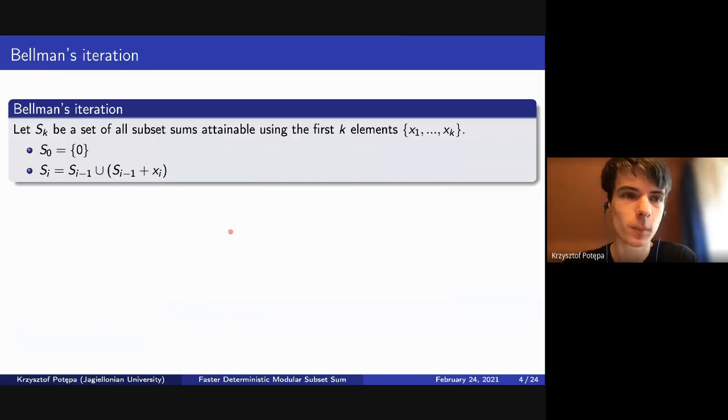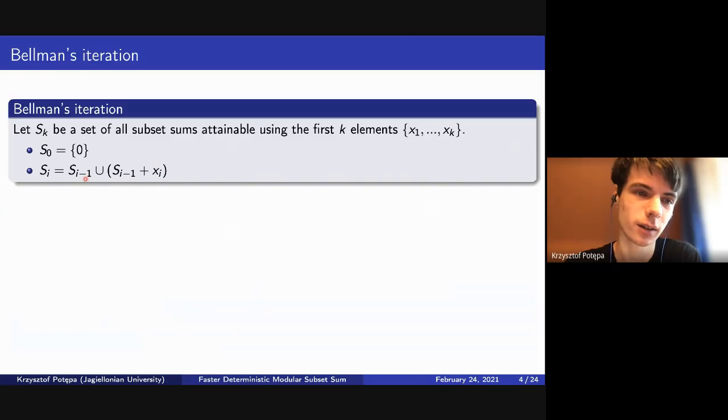Okay. So first, let's recap the classic algorithm that works in NM time. We define S_k to be the set of all subset sums attainable if we only consider the first k elements, and we can provide a recursive formula for the dynamic programming. S_0 just contains 0 and nothing more, and if we want to compute S_i, then we need to look at whether we want to take the ith element or not.